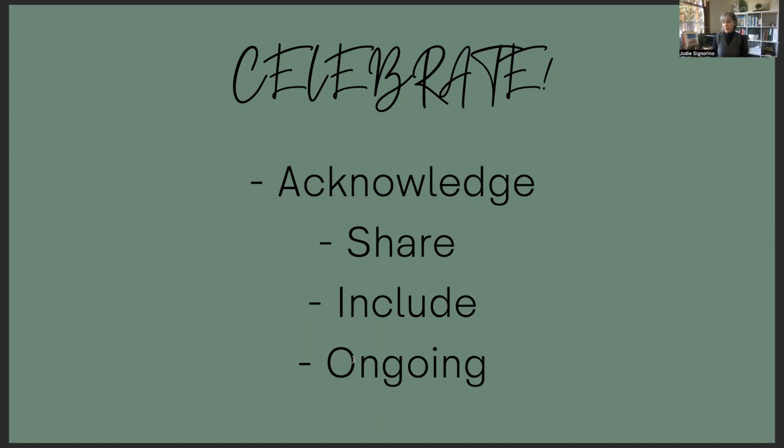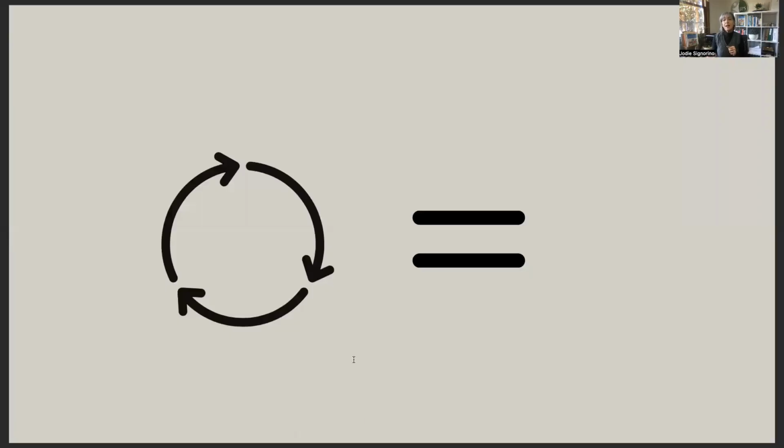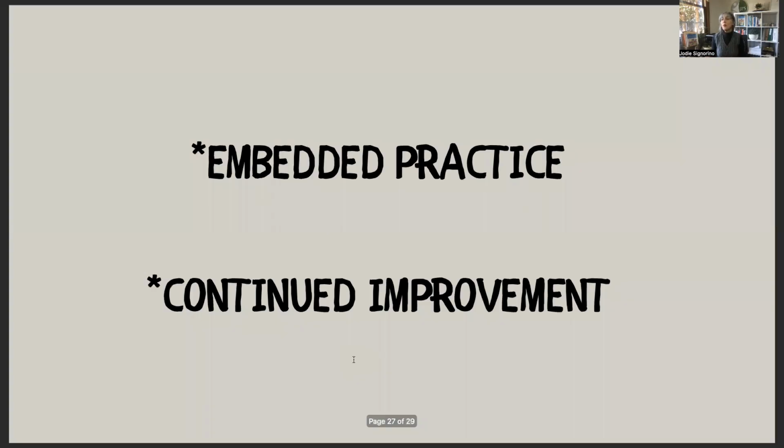And make sure that this is ongoing, not just a one-off. This is an ongoing cycle that should underpin your business, and it will absolutely embed your practice of self-directed learning and continued improvement.